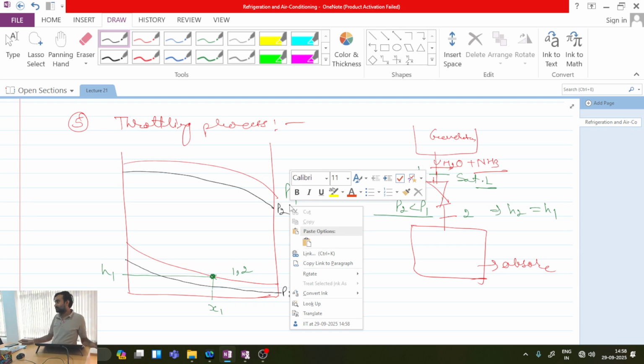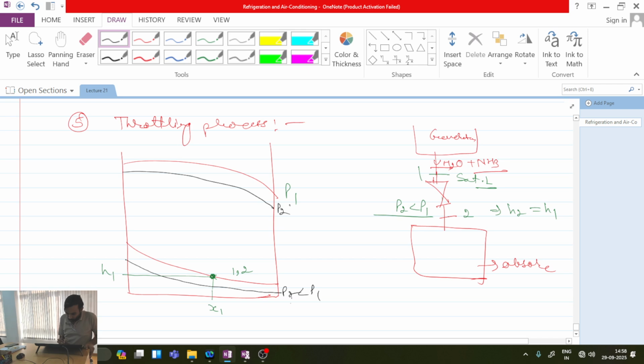At the inlet we are already ensuring that we are supplying saturated liquid, so the inlet is controlled. But after the throttle it is liquid plus vapor always. When you throttle saturated liquid, flashing happens and it makes a mixture of liquid plus vapor. So point 2 for pressure P2 is in which regime? The two phase regime. Is this point clear?